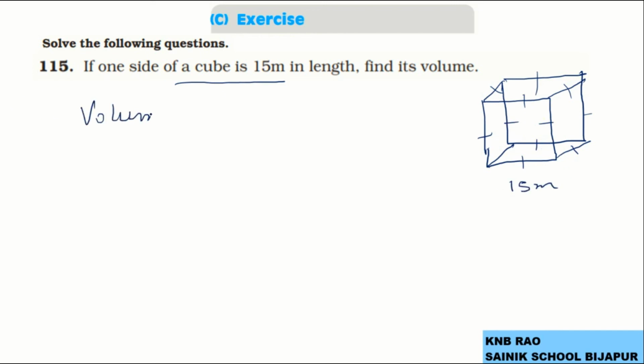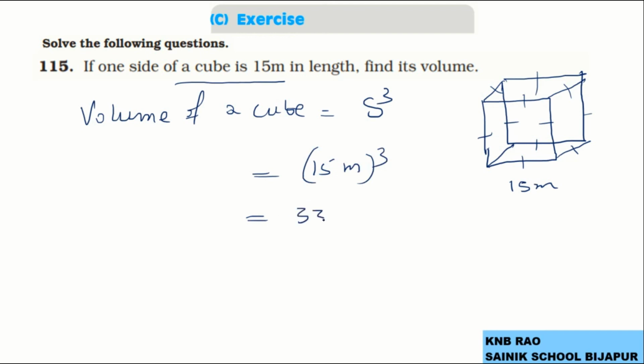So the volume of a cube is side cube, that means 15 meter whole cube. 15 meter whole cube is 3375 cubic meters. Are we right? Meter cube, like this. So this is the volume of this cube.